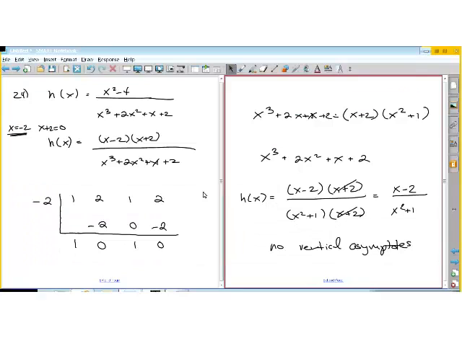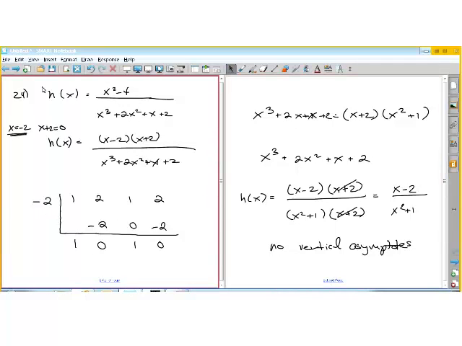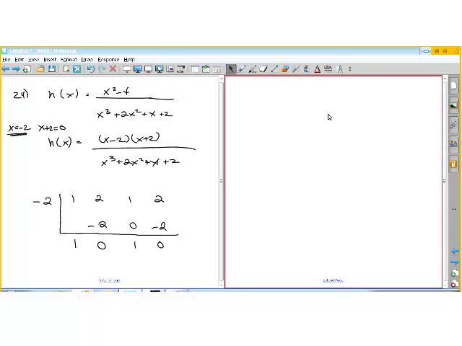Let's go back to the original one, because I was going to show you something. What I said was, if you thought that x plus 2 was a factor, then you could just plug it in here.